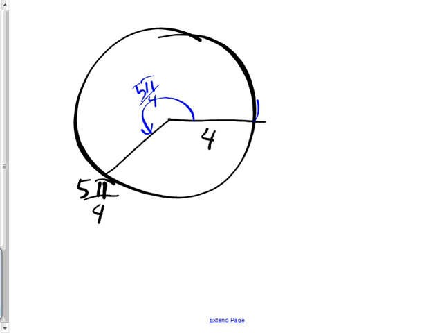And then the question is, how long is the arc that would go with that? And the arc is running basically around the outside, right here. How long is the green line? The radius is 4.